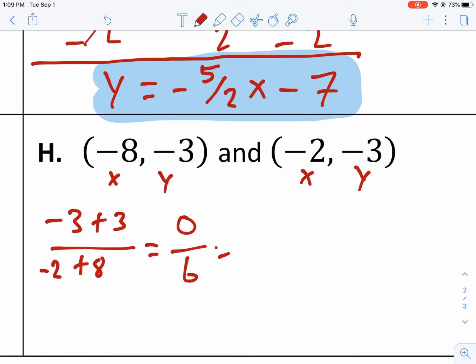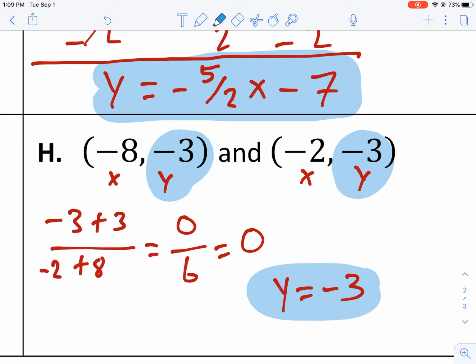So this equals 0, right? So what is the equation? Well, look at your points. Y equals -3, y equals -3. The x value is changing, but the y value is not changing. Therefore, our equation is just going to be y equals -3.